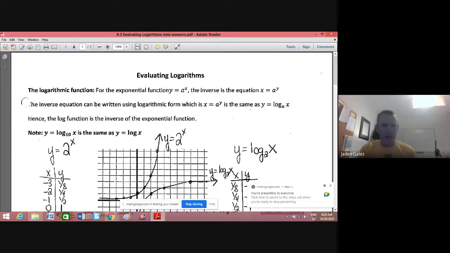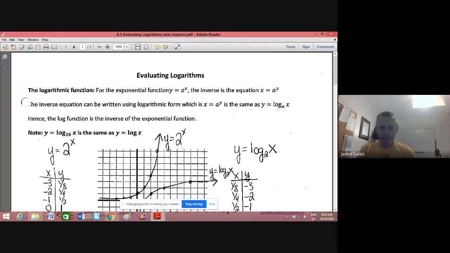Now, here's the key for us. For the exponential function y equals a to the x, the inverse function, and the inverse is always when you switch your x's and y's, is what you get. So if we have an equation where x equals a to the power of y, this is defined as the log function.